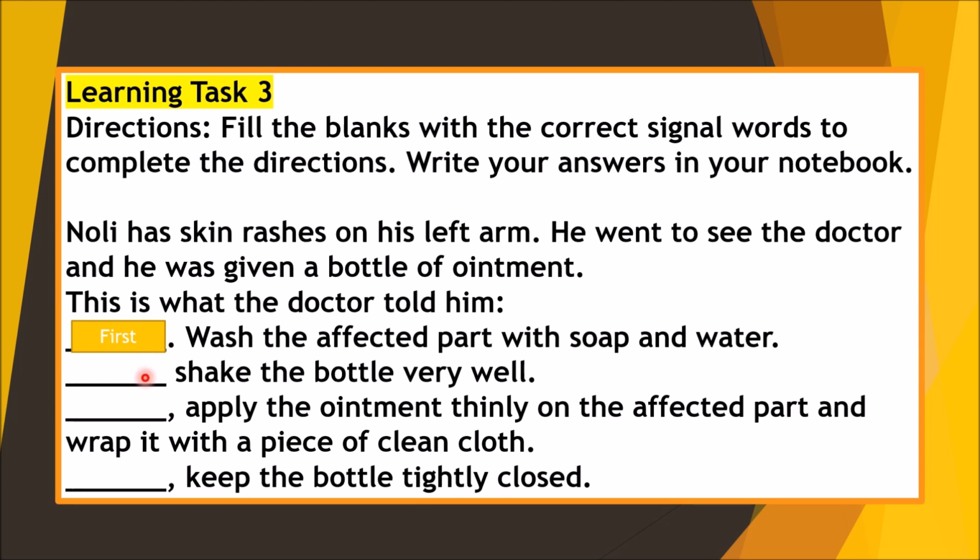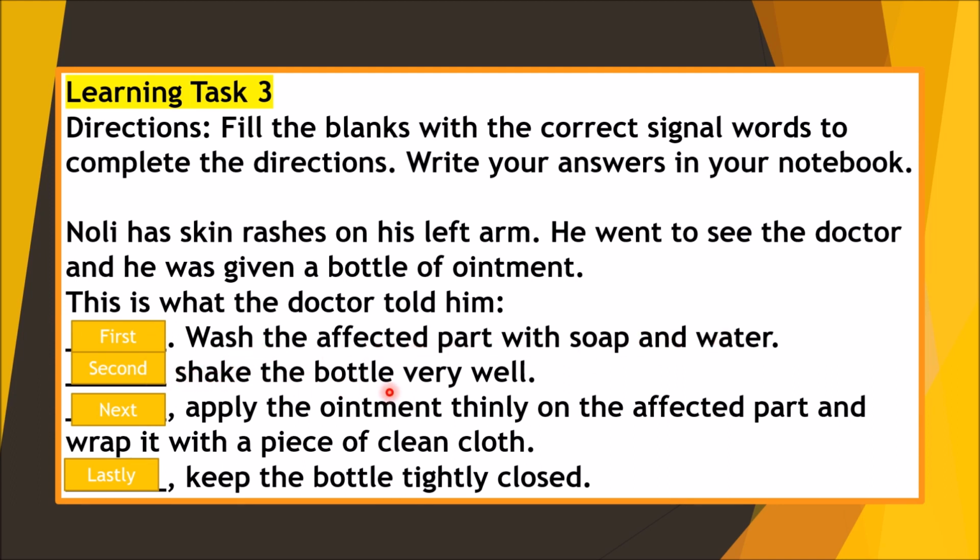For the next one, second. If your answer is second, you're right. And next, okay. And lastly. So these are the four signal words. First, wash the affected part with soap and water.